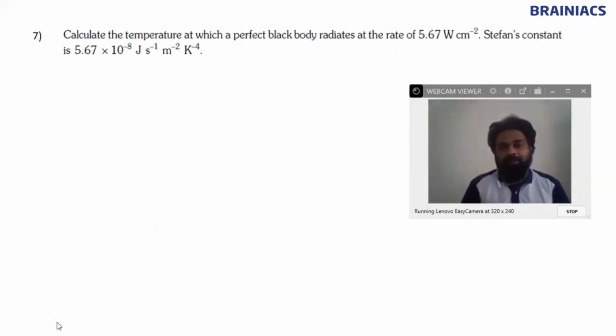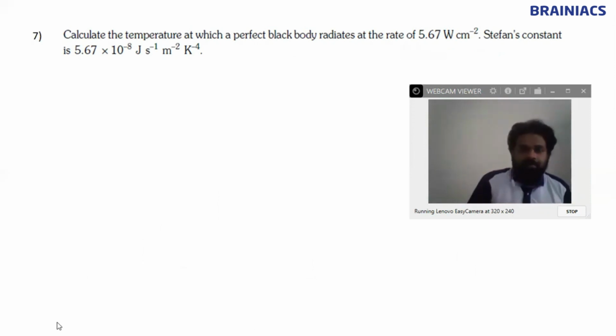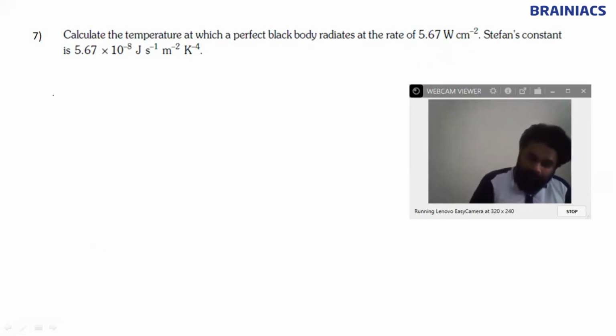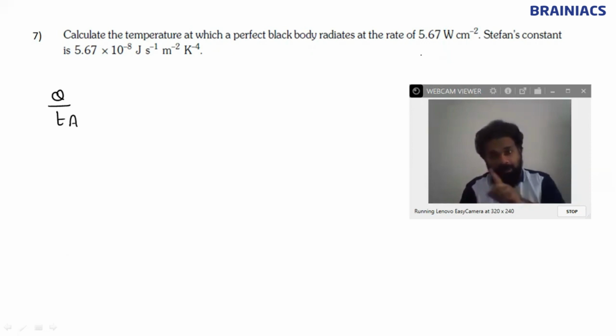Calculate the temperature at which a perfect black body radiates at the rate of 5.67 watt per centimeter square. Stefan's constant is also given. So here Q by t is given, radiating at the rate Q by t, 5.67 watt per centimeter square.